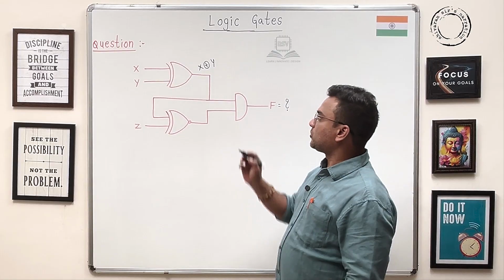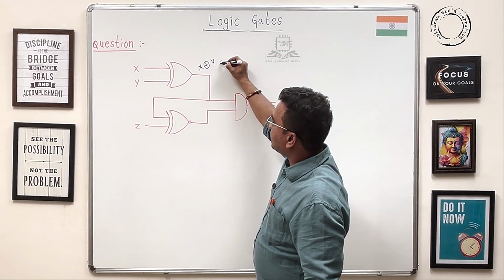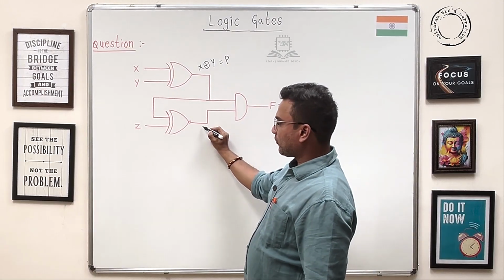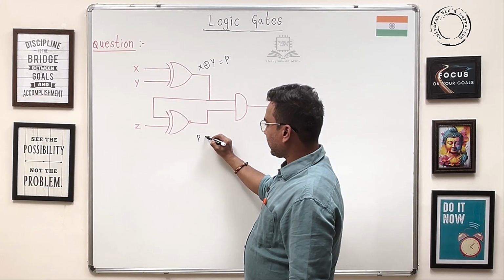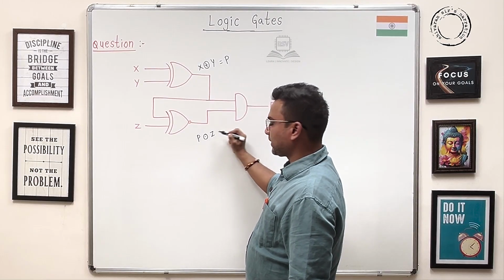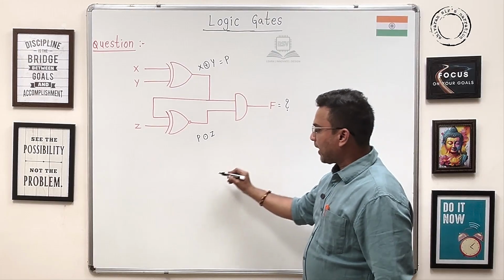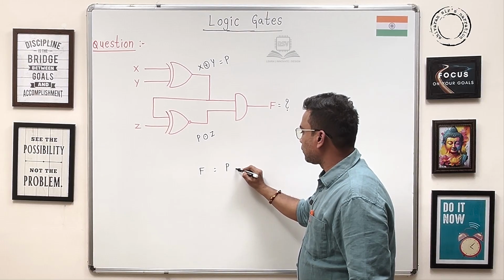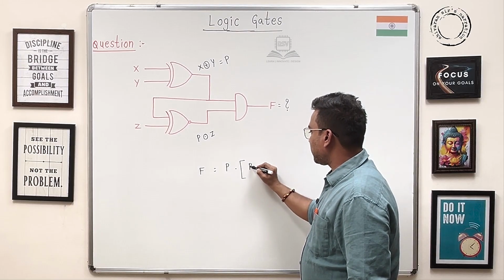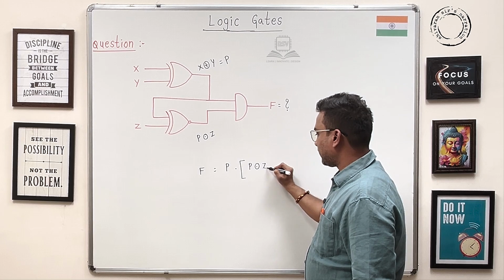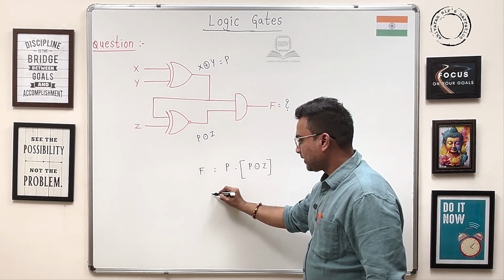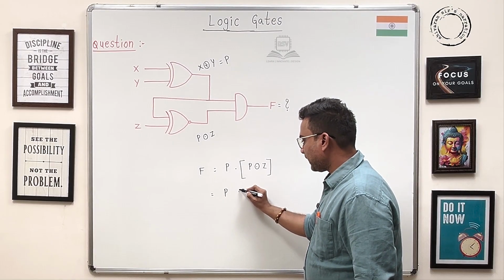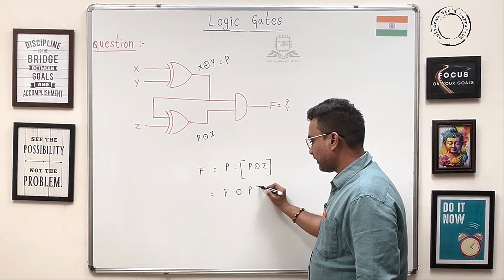Yes, let's assume this X XOR Y as P. Just let's assume. Now guys, here what is this? P XNOR Z, isn't it? Yes. Now, what is F? F is P into P XNOR Z. Now guys, here you just expand P into P XNOR PZ.